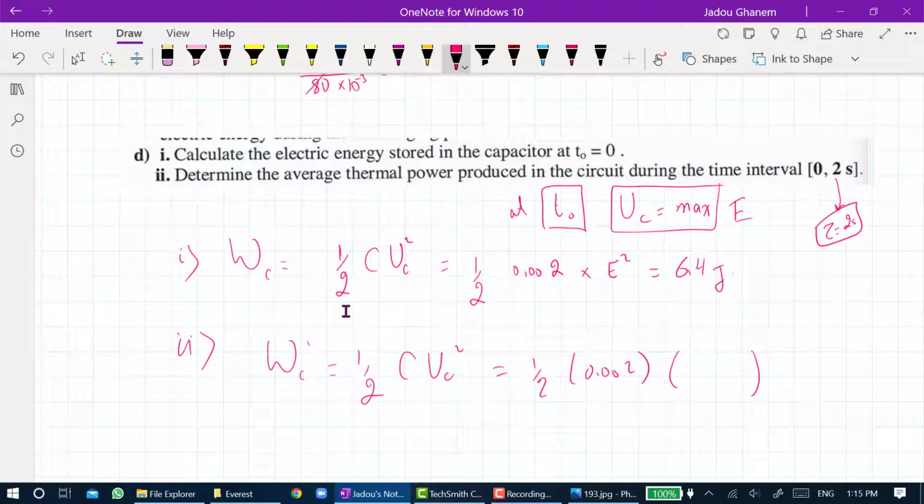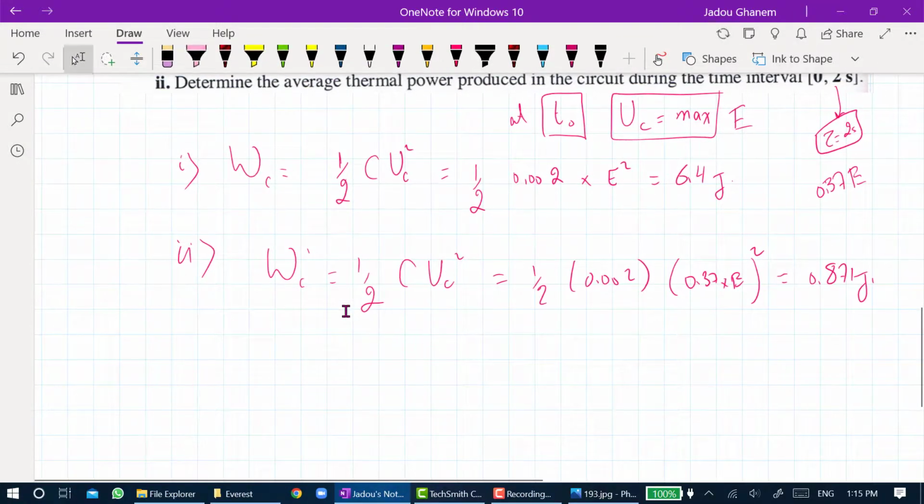So the capacitor will be discharged by 63%, the remaining will be 0.37 out of E. So here we just substitute 0.37 E squared, and after substituting the values we can get the energy, which is 0.871 joules.